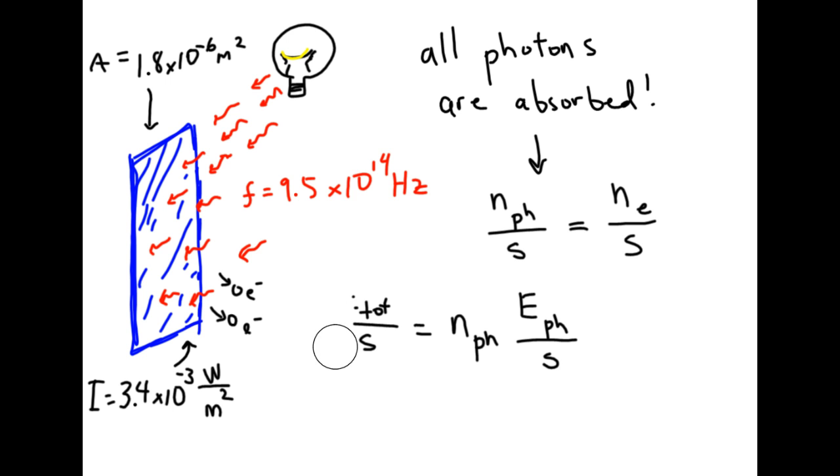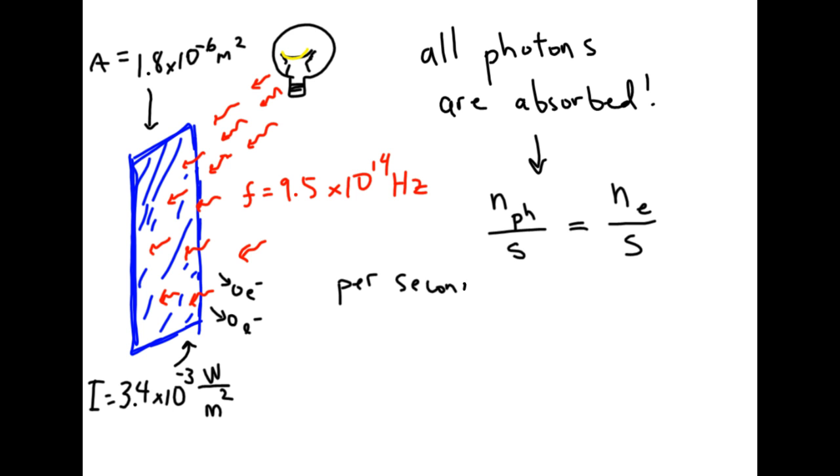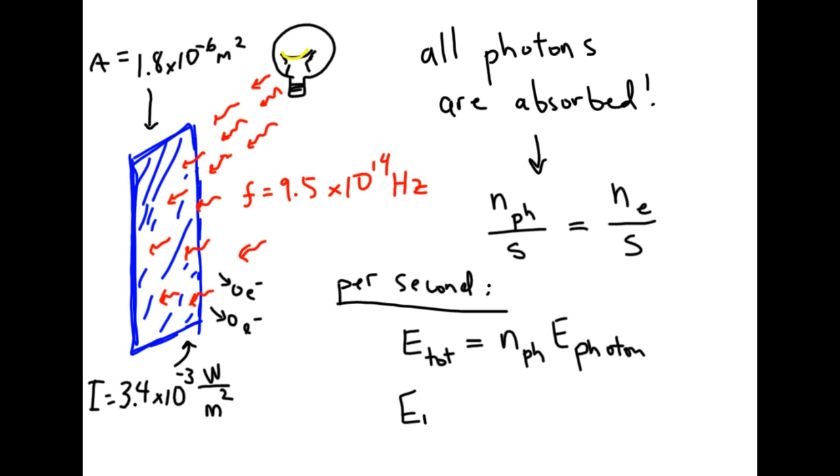Let's make it a little easier. Here's an easy way to handle the per second: you just write it up top. So in 1 second, the total energy from the light is equal to the number of photons in the light times the energy of a single photon. And of course, we can take E photon and replace it with what it's equal to, h times the frequency of the light.